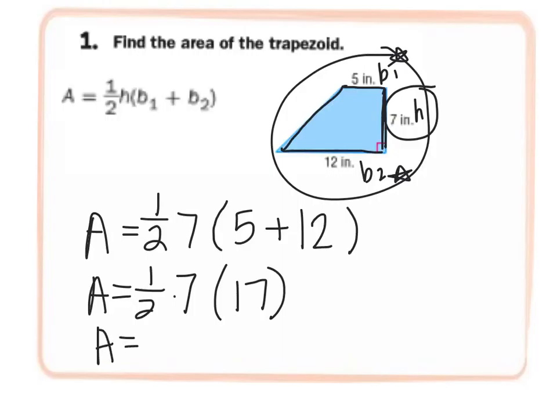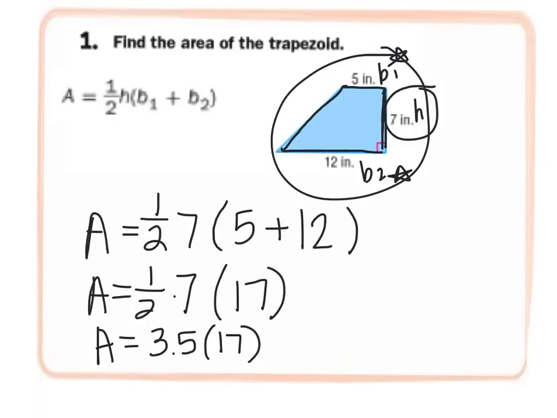Okay, then I'm just going to keep going. Half of 7, so half times 7. I know 7 is an odd number, so I'm not going to get an even number when I take half of it. I'm going to have a decimal or a fraction. So half of 7 is 3.5, and I need to take that times 17.